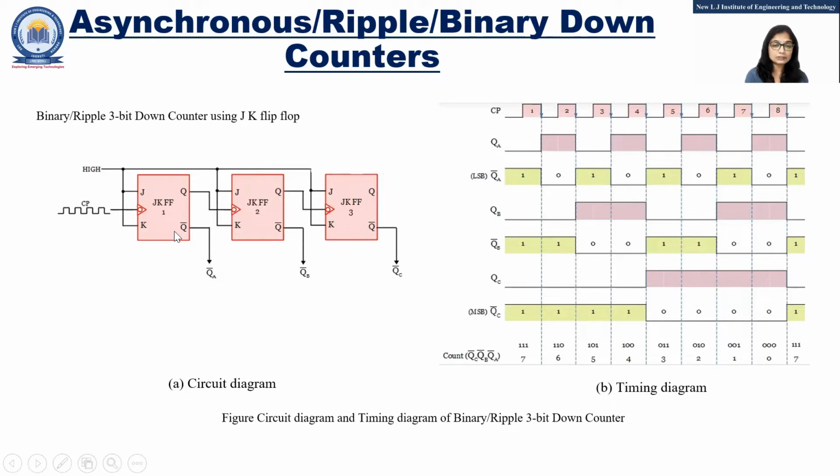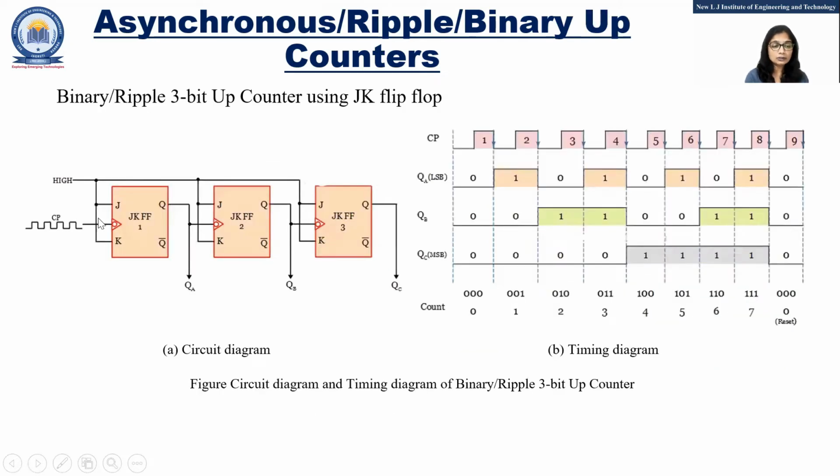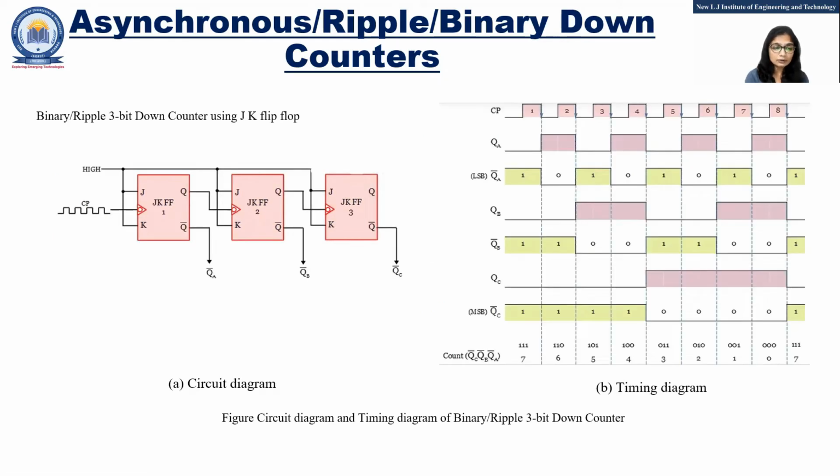But in the previous one, in up counter, we took output from Q and the same Q we applied to the clock. But in down counting, I will give this output to the clock pulse and I am taking output from its complement. Why am I doing it like this?